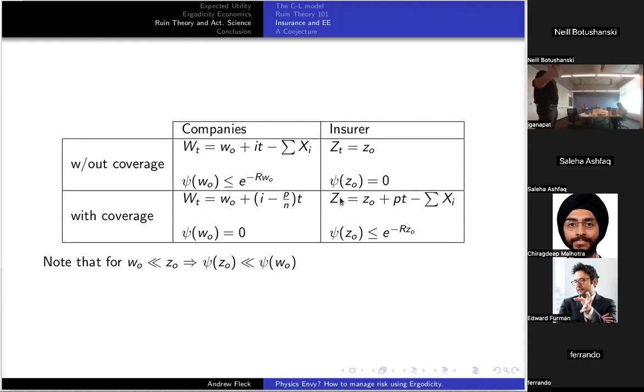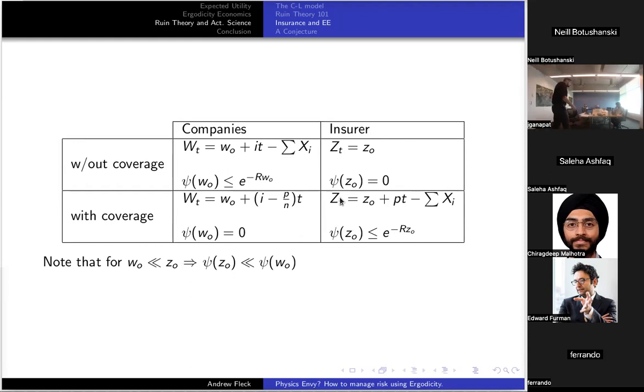Conversely, in the case with and without coverage, my individual participants who are buying insurance have eliminated the risk of ruin, right? Whereas the insurer has taken some on, right? So the idea is that maybe for the individual companies, they don't have as much money to start with, they don't have such initial capital, then maybe their risk of ruin wasn't negligible, and now it's zero. And maybe because the insurer started with so much, he has enough to make that risk of ruin negligible, right?